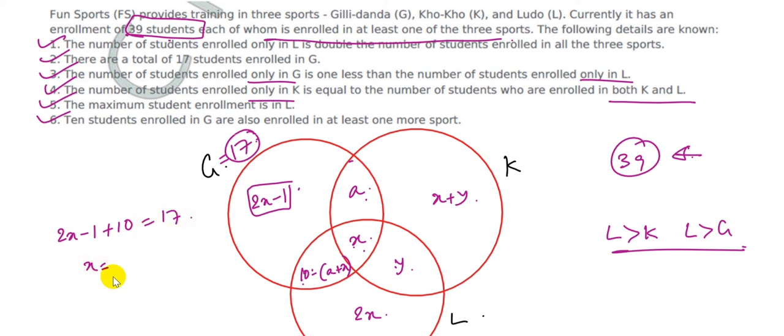So x will be 17 minus 10 plus 1. So that is 8. 2x is 8, x is 4. So now I have got the value of x. So let me replace all of this. This is 4. This would be 7.